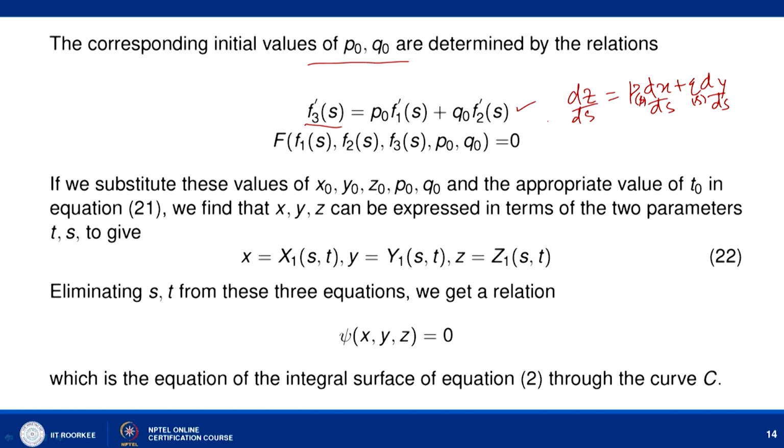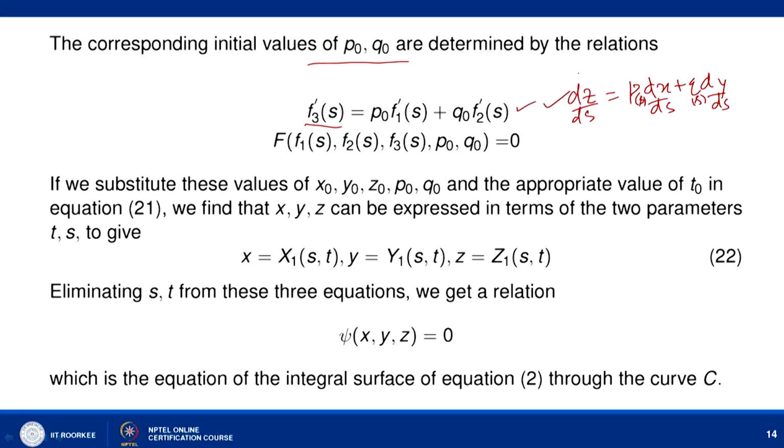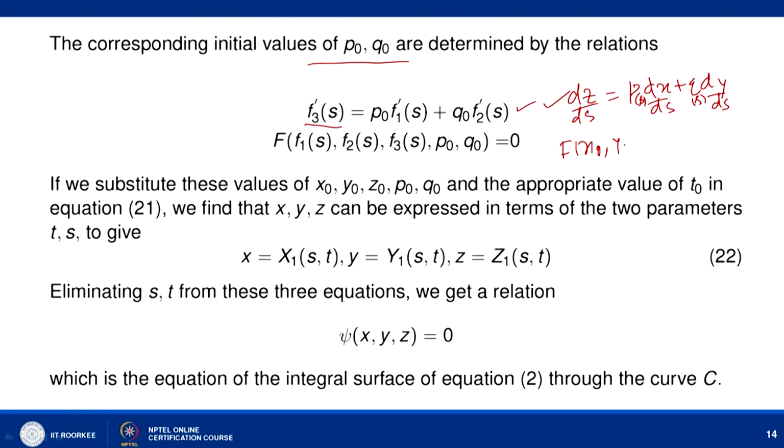Also, because we want to find p naught and q naught, we need two relations. One relation is obtained from this, that the tangent is perpendicular to the normal vector, and another one is that these elements will lie on the partial differential equation, that is F(x, y, z, p, q) equal to 0. So, F(f1(s), f2(s), f3(s), p naught, q naught) is equal to 0.